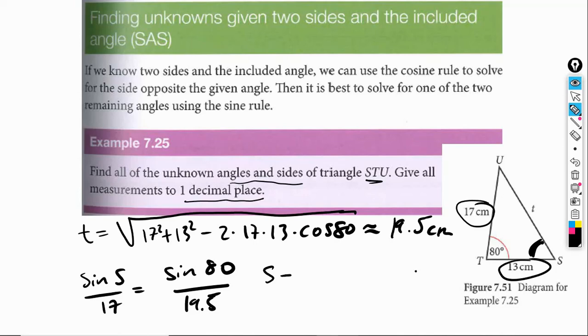So that is going to give us approximately 59.0 degrees. So if we know that this is 59.0 degrees, then finding u is simply a matter of a subtraction.